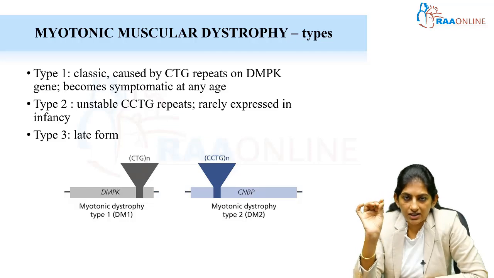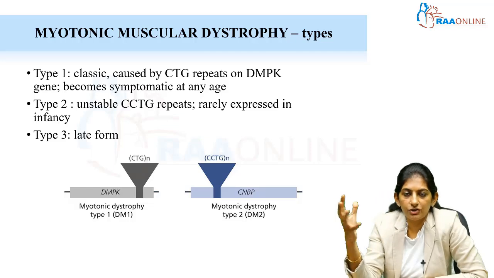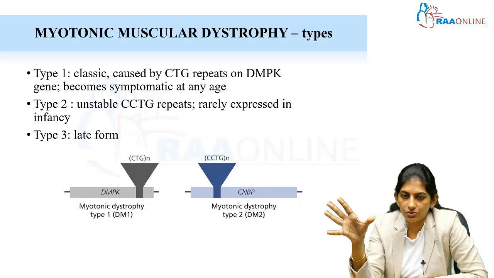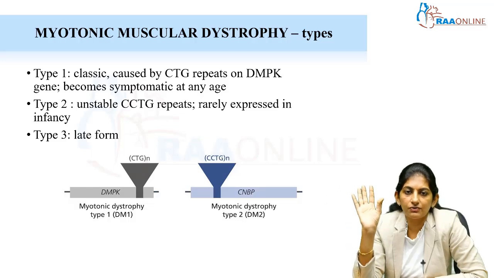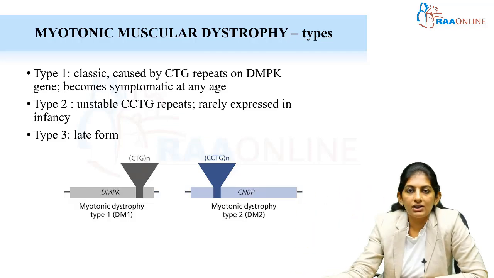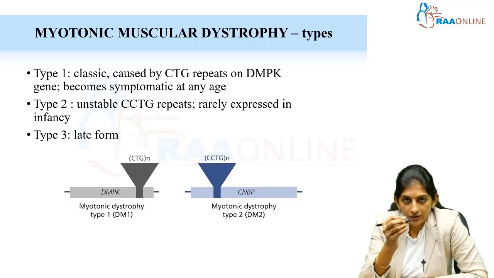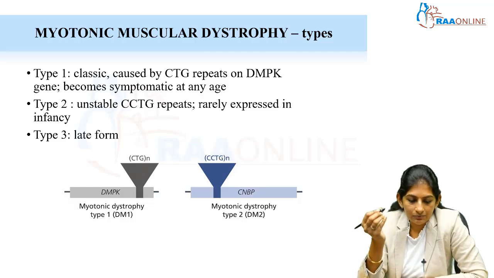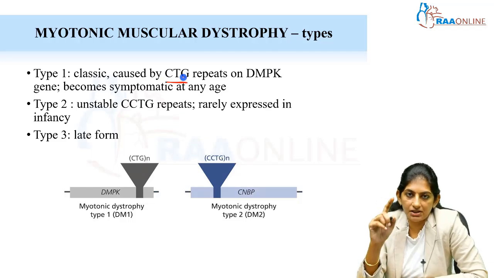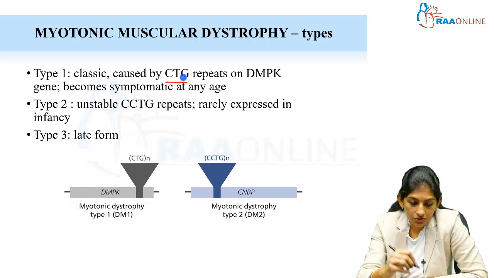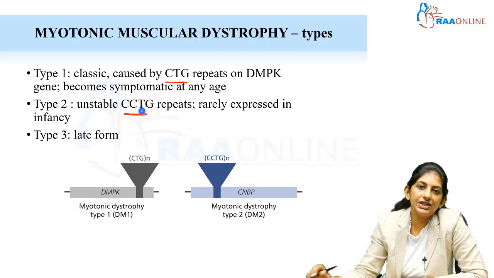But when you suspect myotonic muscular dystrophy, you have tested for myotonia, you have done a handshake, and you think that it is myotonic muscular dystrophy. When you ask for the genetic study, you have to ask for the repeats. Type 1, we know that it is caused by CTG repeats, right? CTG repeats, which are present on the DMPK gene. Type 2 is caused by CCTG repeats.